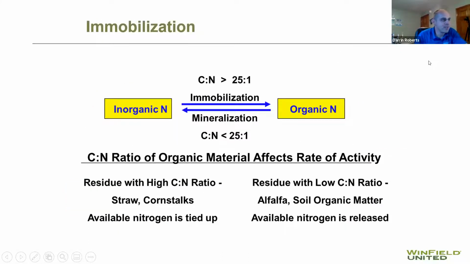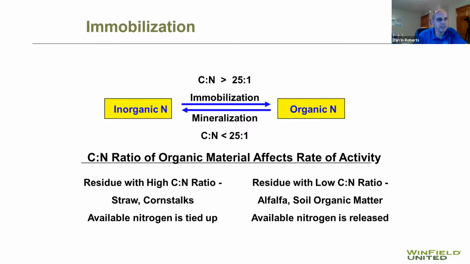So immobilization, first topic. Tyler had mentioned the carbon to nitrogen ratio, and that's really what's driving this. Particularly if we're going to add residue, if we have a good yielding corn crop, lots of residue, and we till it under for a period of time, that's going to tie up the nitrogen in that residue. And really it comes down to increased microbial activity. The microbes use it as a food source.